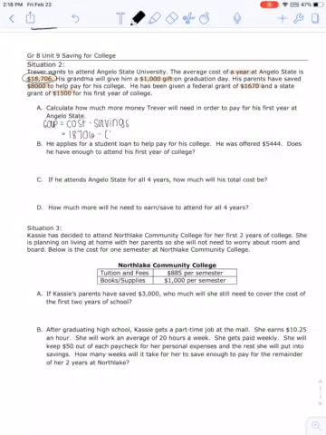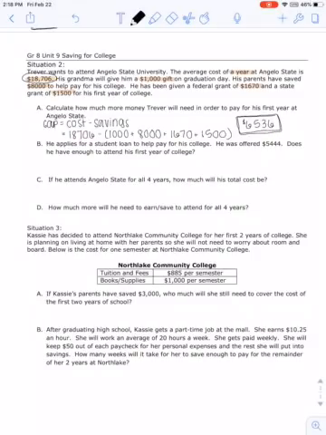His grandma's $1,000 plus his parents' $8,000 plus the federal grant, so money from the federal government to pay for his college, $1,670, and then a state grant, so money from the state to help with the cost, $1,500. And then we add all those together, subtract that from the total cost, and when you do, you realize, okay, Trevor needs to still raise $6,536. So that is his gap.